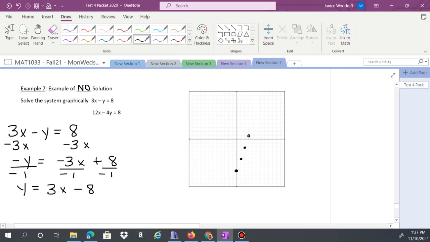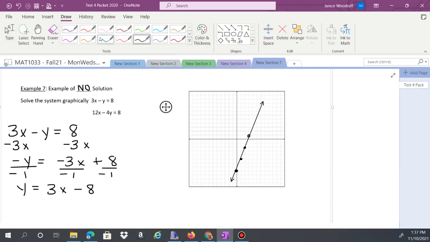All right, so we start forming the line, then we can draw the line. And there we go. Okay, so we have our first line graphed.